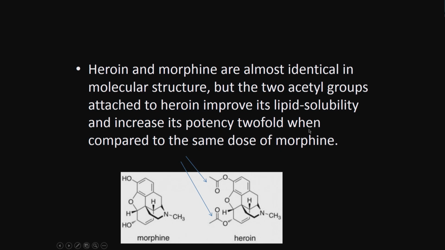Its potency is twofold when compared to morphine, because it has become more lipid soluble, so it can cross the BBB. So, if you slightly make the drug more lipid soluble, you increase the BBB penetration.